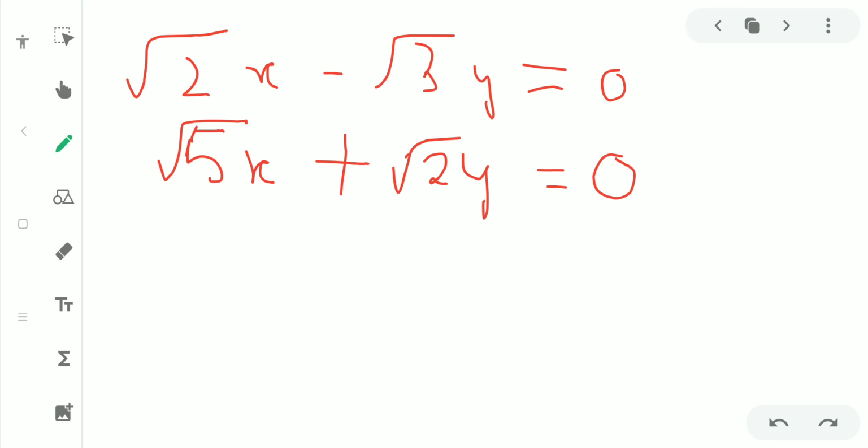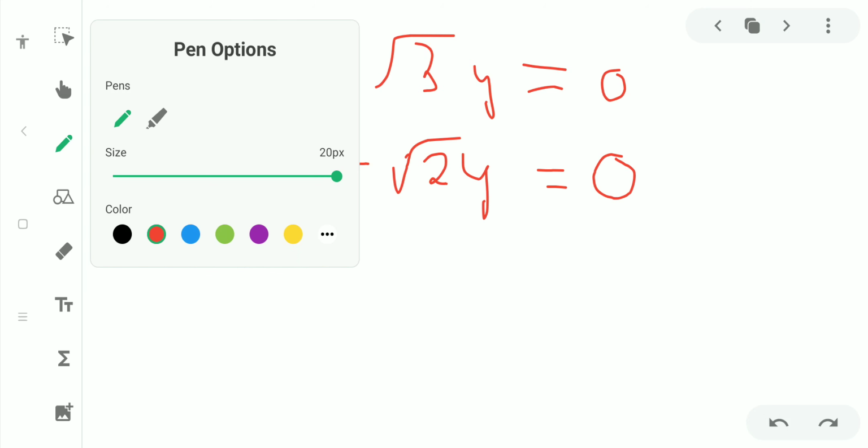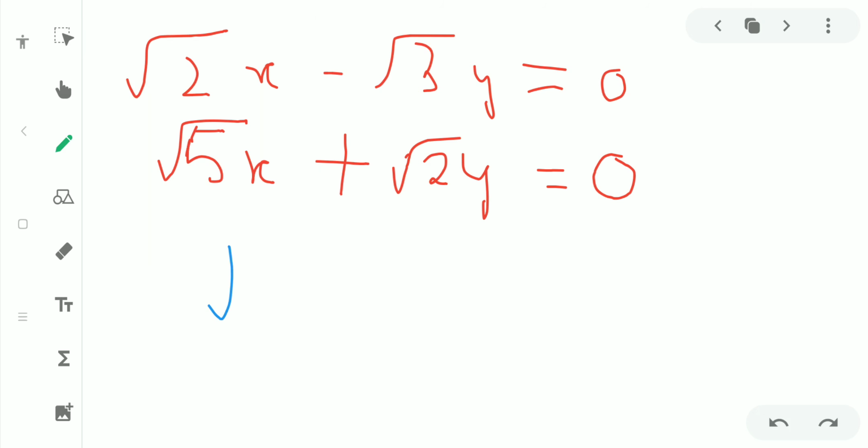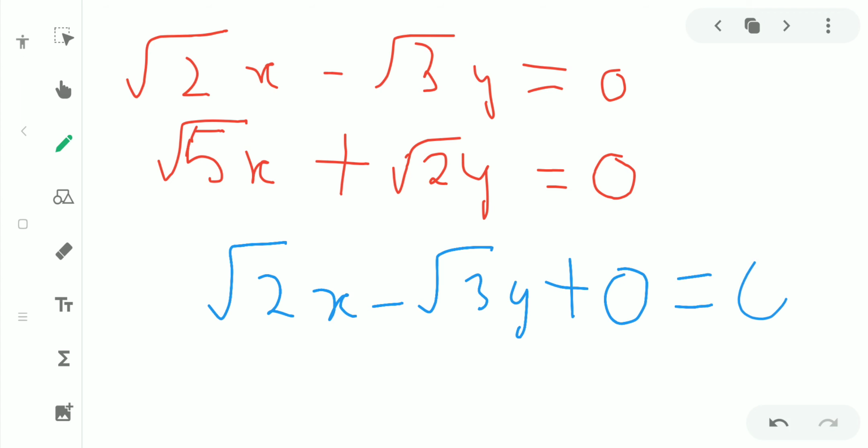So let us consider in this way. Root of 2 multiplied with x minus root of 3 multiplied with y plus 0 is equal to 0.